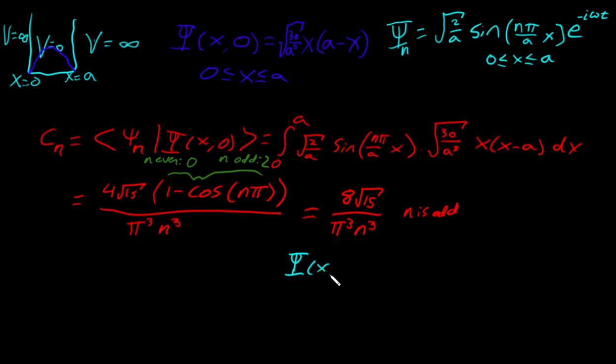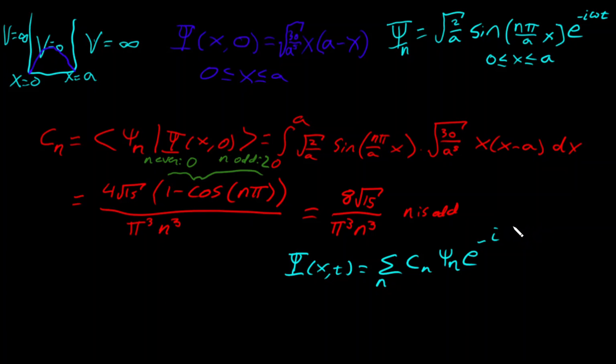Psi of x and t in general, we know, is a sum over all possible values of n of Cn psi n e to the minus i omega n t. And I can actually write out what E sub n is.